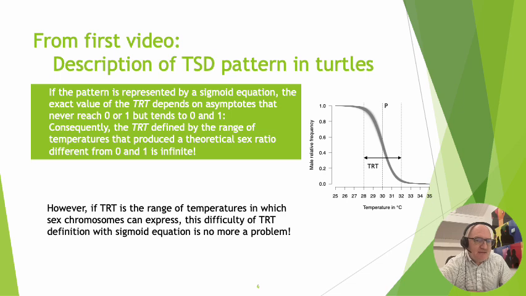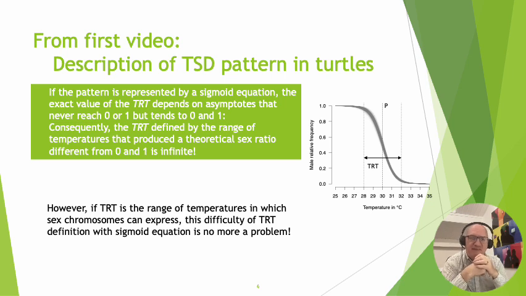Is it true or not? It's not completely clear. Imagine that we can put 1 million eggs at, for example, in this graph, 26 degrees Celsius. If the TRT is defined as an asymptote, for 1 million eggs, we can suppose to have at least one male in feminizing conditions or one female in masculinizing conditions.